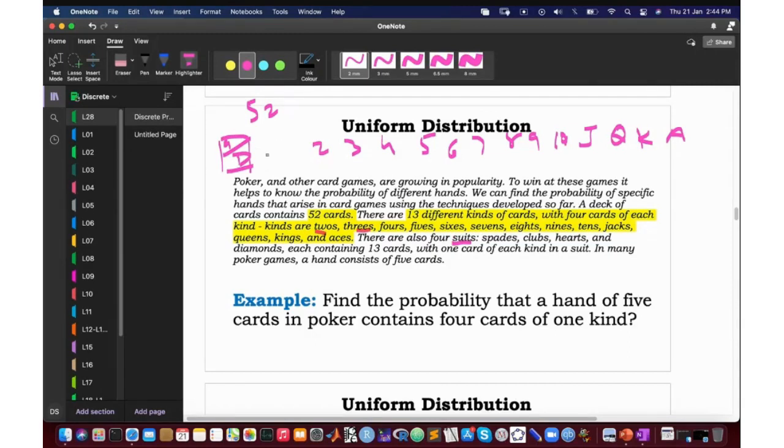Okay, so हर कार्ड की दो आइडेंटिटीज हैं, एक तो उसकी काइंड और दूसरा उसका सूट. So that's how you identify it. There are 13 kinds and there are 4 suits. So 13 into 4 is 52. So that's how many cards you have.